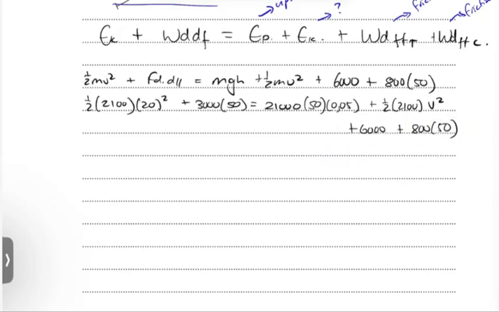Right, lots of calculating going on here. Let's see, I might just write these out individually just to keep track. 420,000. 6,000.